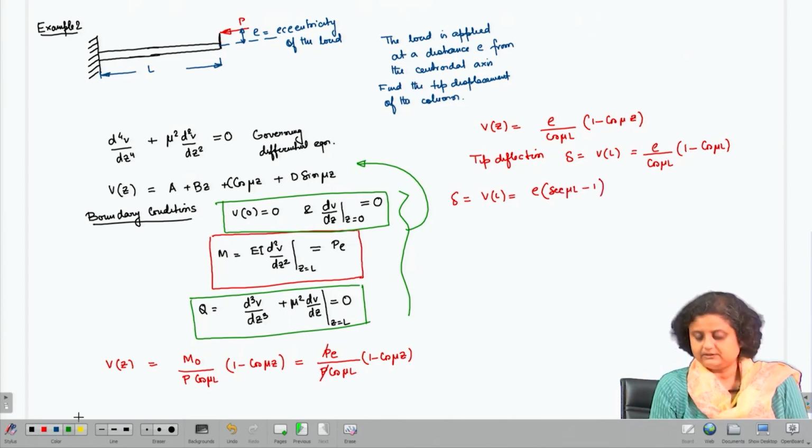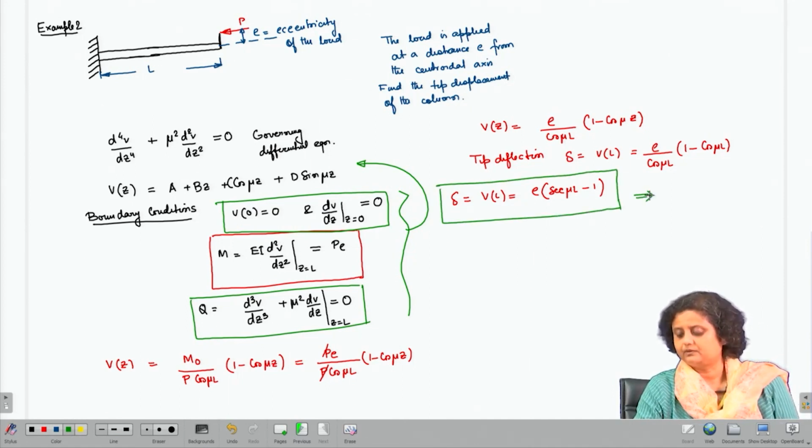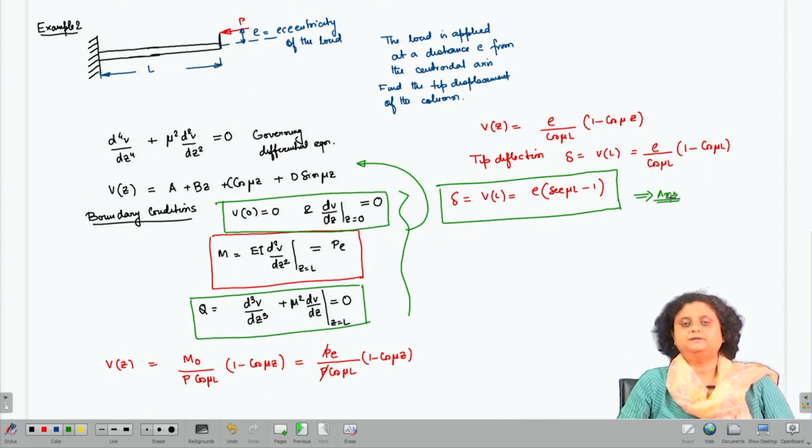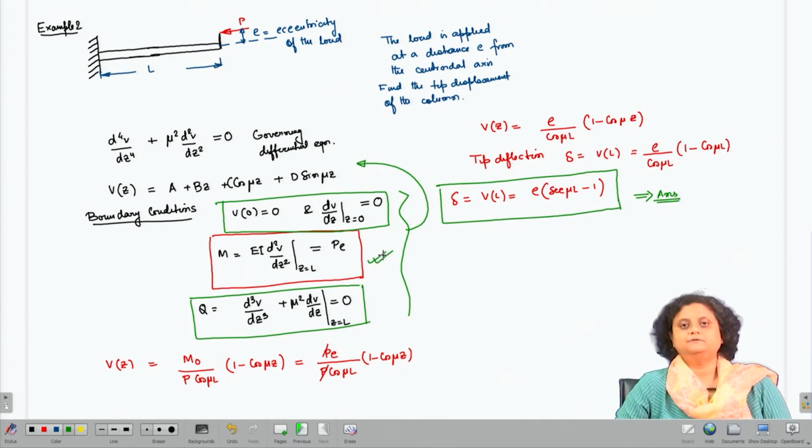So, this is the answer that we are looking for. I have skipped the details, but they are very straightforward as we have discussed in detail in the last lecture. What is most important is to identify this boundary condition, and then the solution becomes simple.